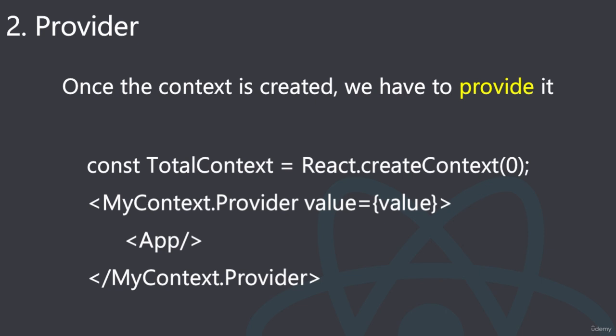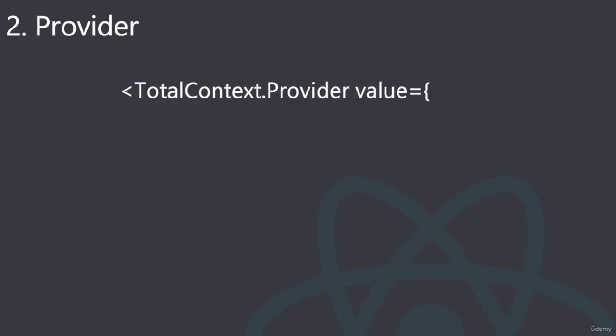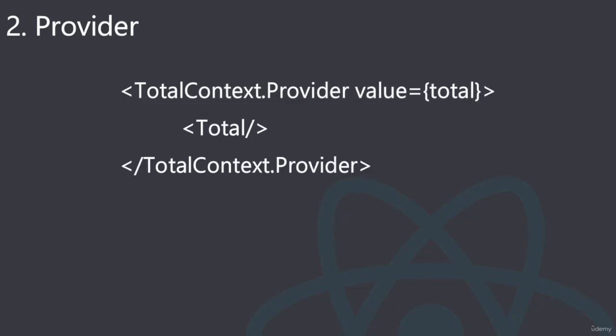Then you have the component which is wrapped by this provider component. In our case, it will be something like this, where we'll have the total context.provider, then the value, and total is the value which we will see in a moment, which resides in the app.js, and total is the component where we want this value to be available.